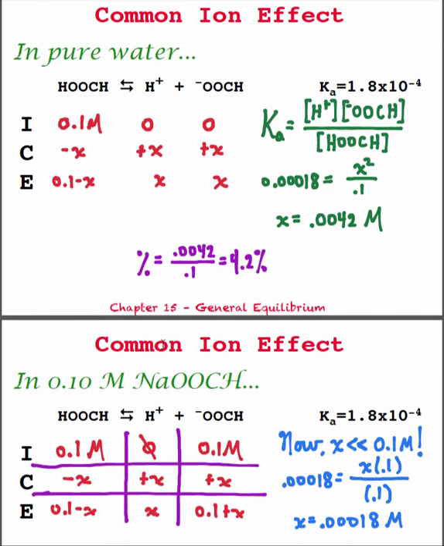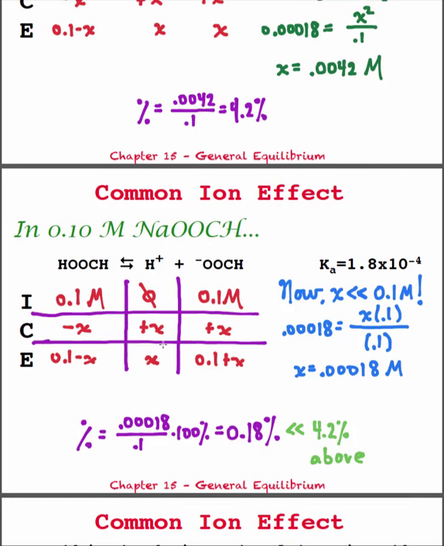But what if I had that sodium formate already in the solution? If this formic acid tries to dissociate into hydrogen ion and formate ion, but there's already some formate ion in the water, this formate ion will, quote, get in the way of this dissociation, and it'll be a lot less than 4.2%. This goes in the numerator.